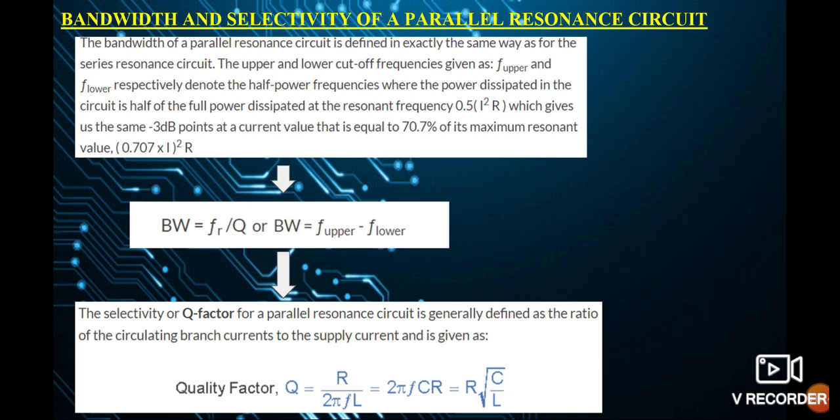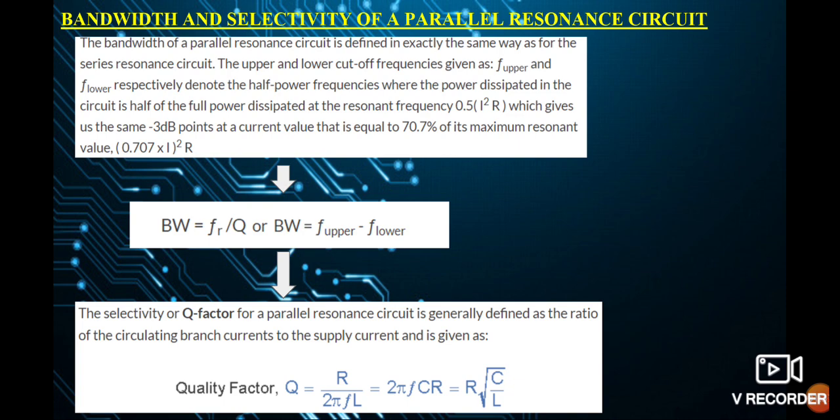As we studied in the previous presentation of the parallel resonance circuit, the graph has a dynamic impedance at the middle portion, that is at the resonance condition, and the graph has a maximum value when the impedance is equal to the resistance.